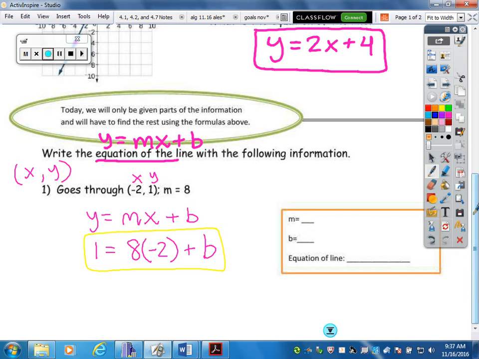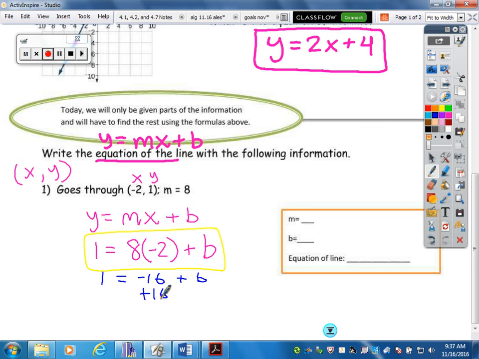So let's solve down. We can simplify this. 8 times -2 is -16. Then we still have this plus b. And over here we still have all of this equals 1. I want b by itself, so in order to get b by itself, I need to move this negative 16. The way I would do that is do the inverse.